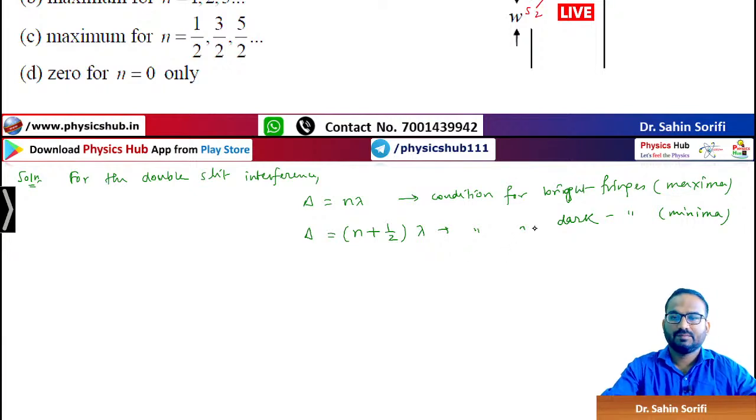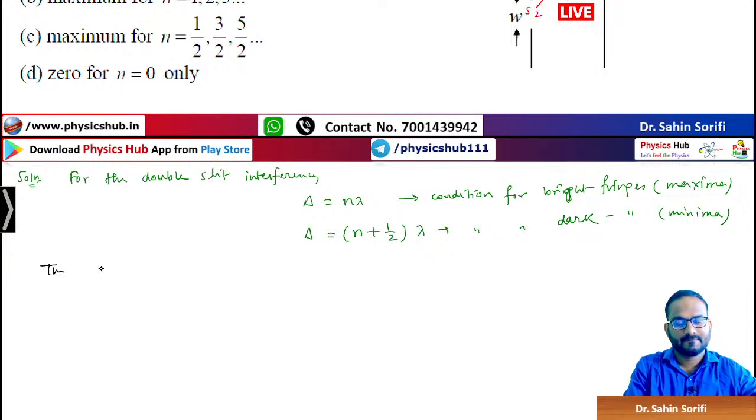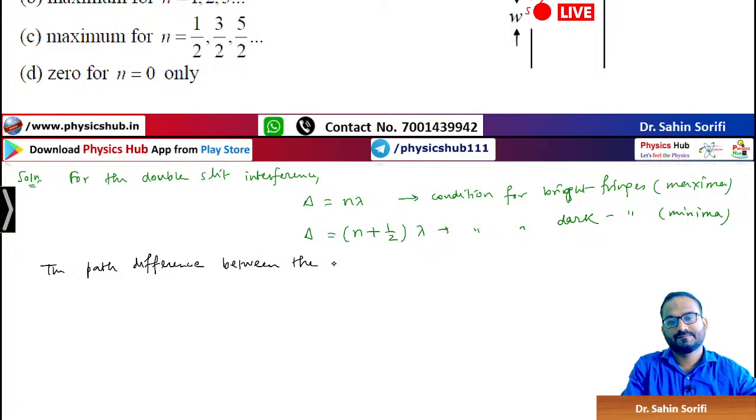Now for the present case, as you can see, the path difference between the two rays, let's say one is S1P, another one is S2P, is delta x, let's say.